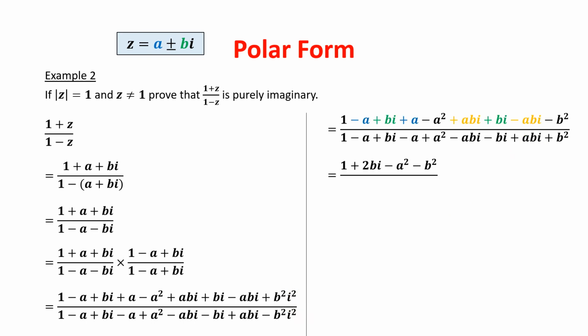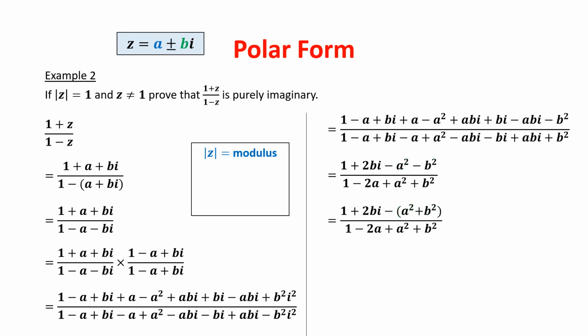Now we're just going to do some simplifying, so we're looking around for like and unlike terms and simplifying the top and simplifying the bottom. Right, now the last little trick I'm going to do here is factor out a minus 1 from the top bit here so that we end up with minus bracket a squared plus b squared.